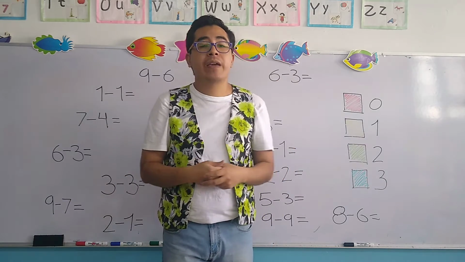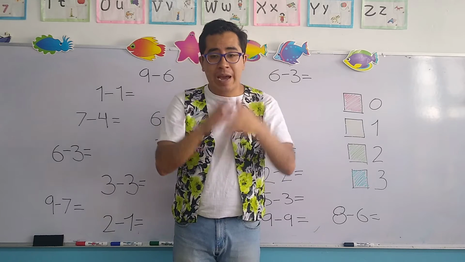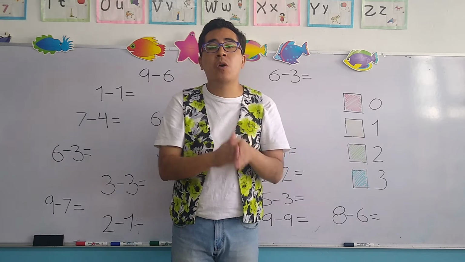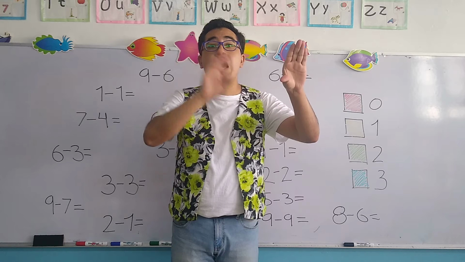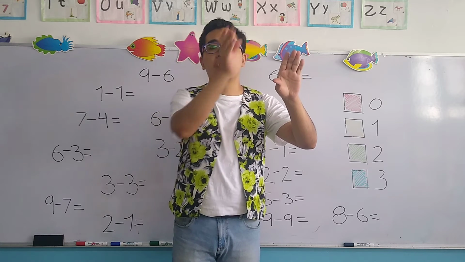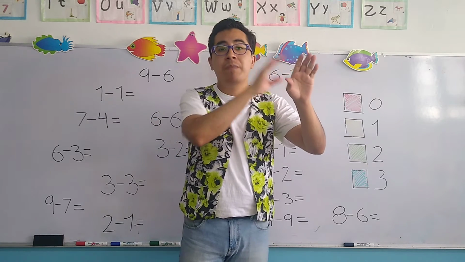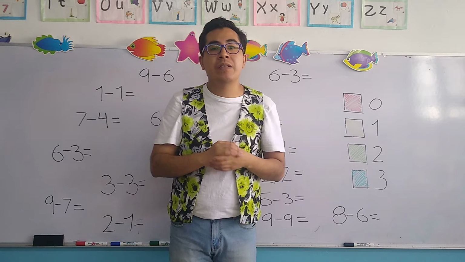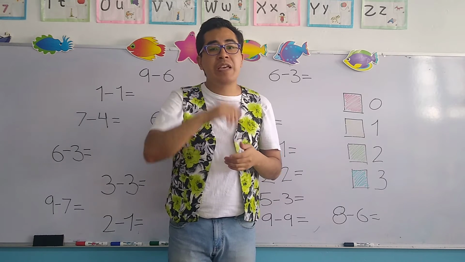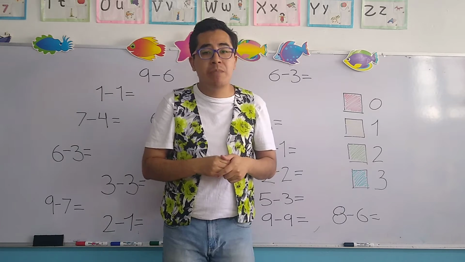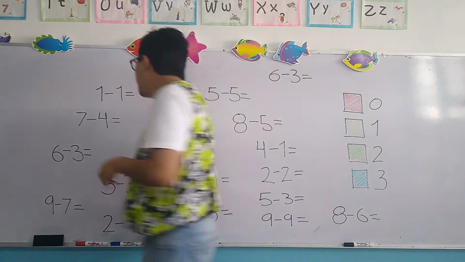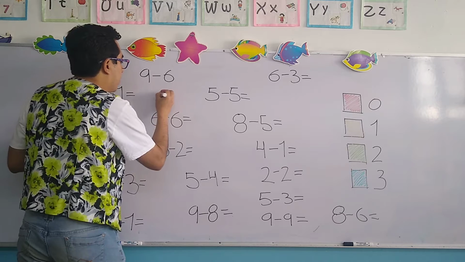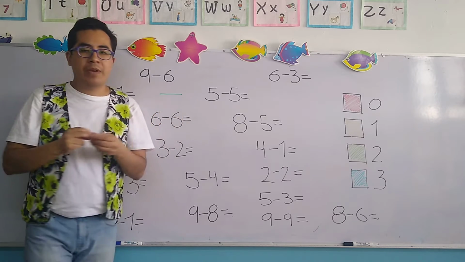So today, like I mentioned it, we are going to make an exercise based on subtractions. Now, subtraction is the opposite of addition, means restas, okay? And again, we need two symbols. We need the minus symbol, which is basically a hyphen, un guión, okay?